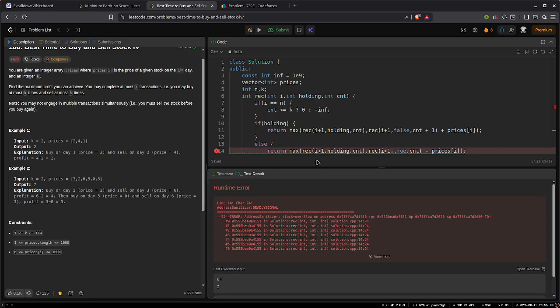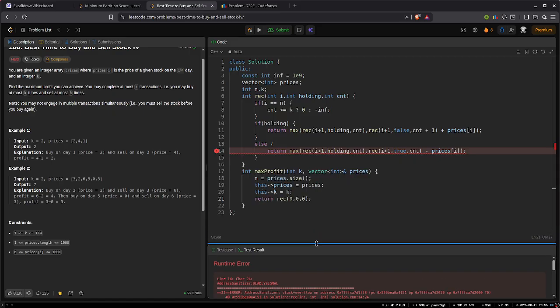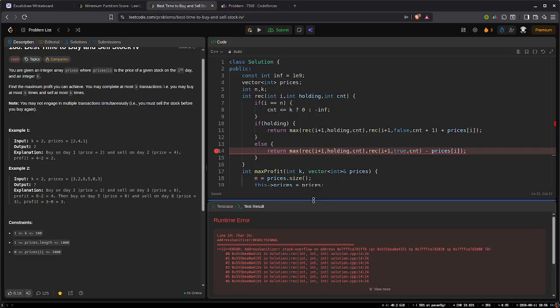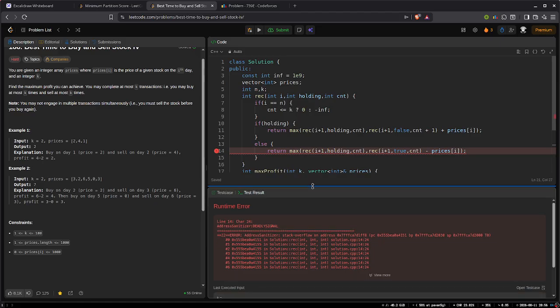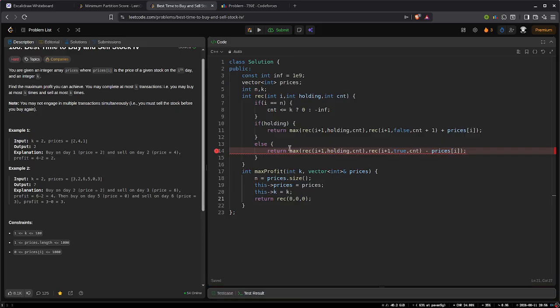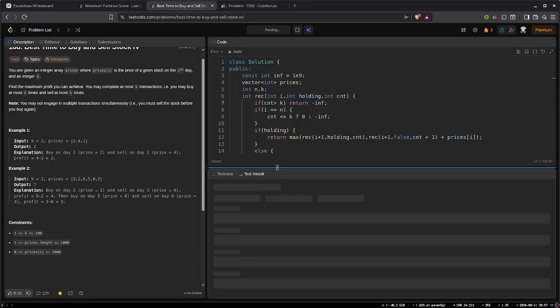Runtime error. Stack overflow. I guess we should be memoizing this. Or else let's add something like if count greater than k, return minus infinity. Would that help in any way?